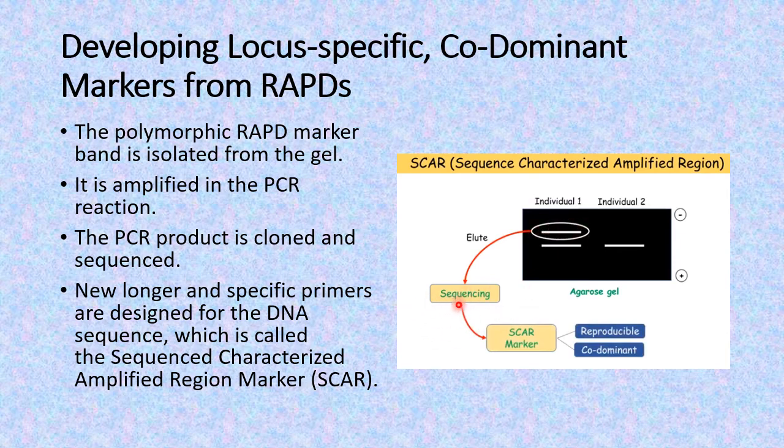Once sequenced, we can design specific primers for that particular sequence. So these SCAR markers can be obtained using that specific primer, and they will be reproducible because this time the primers being used are sequence specific, and they are codominant. So SCAR is a modification of RAPD analysis.